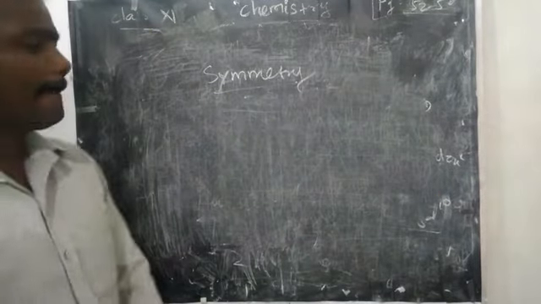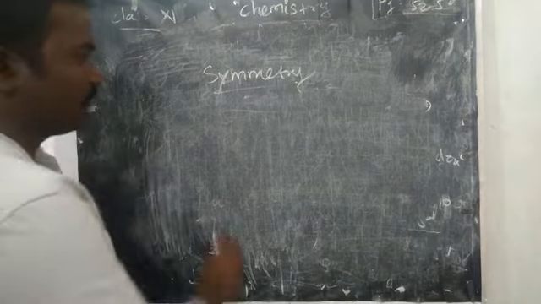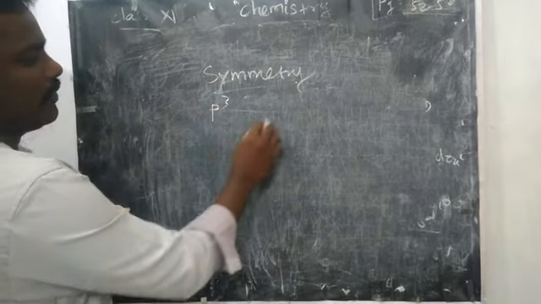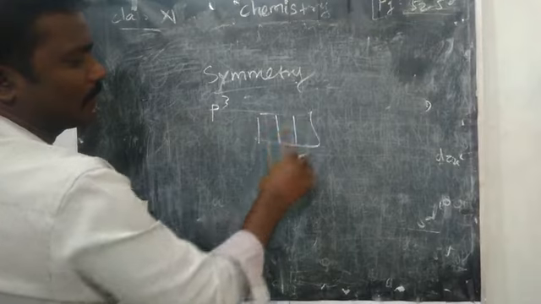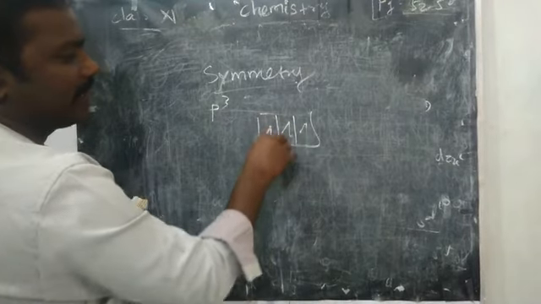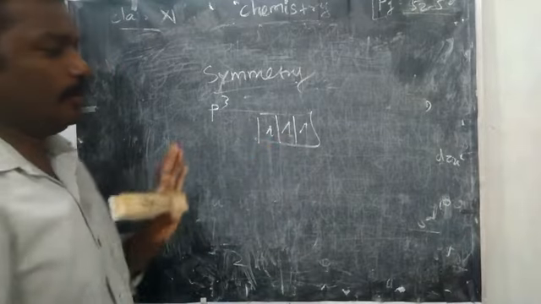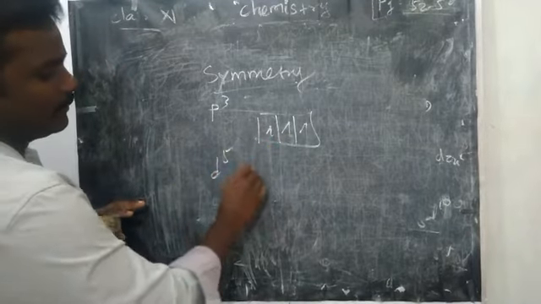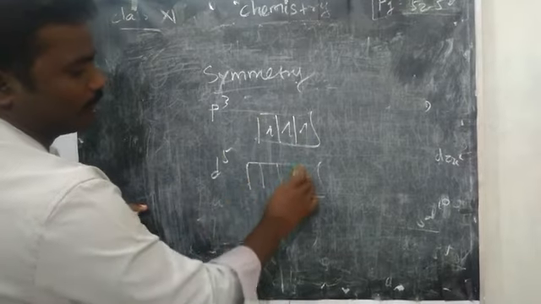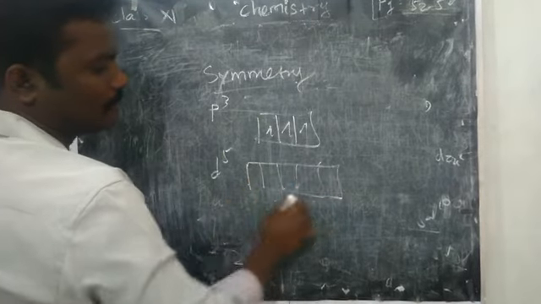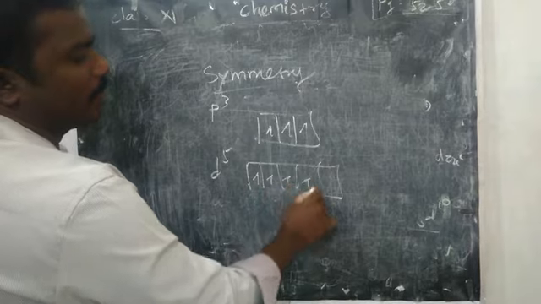Let us talk about symmetry. For example, P3. How do you feel? All the three orbitals are singly filled, symmetric. All are equally distributed. D5: 1 2 3 4 5.